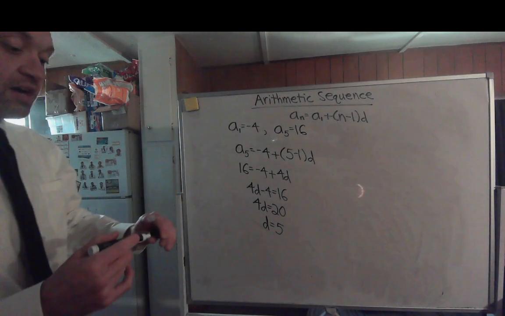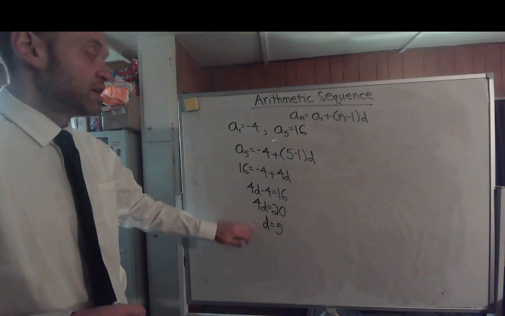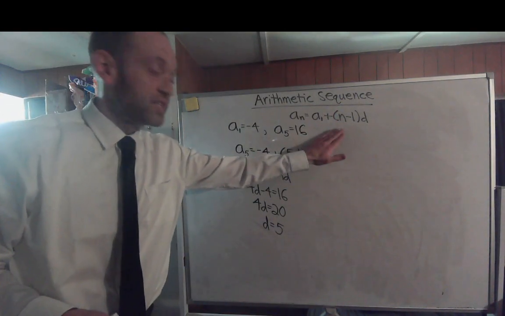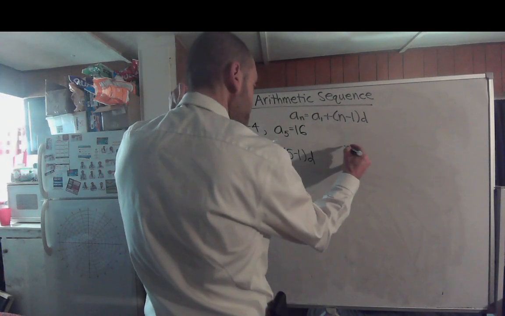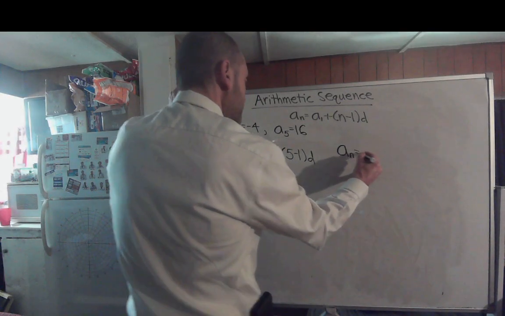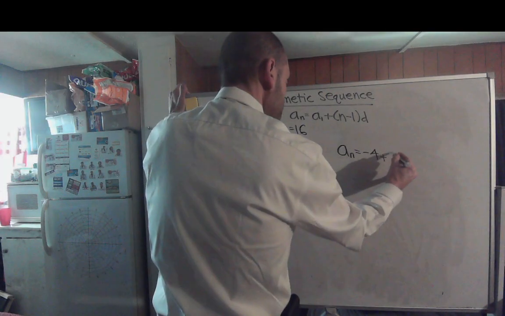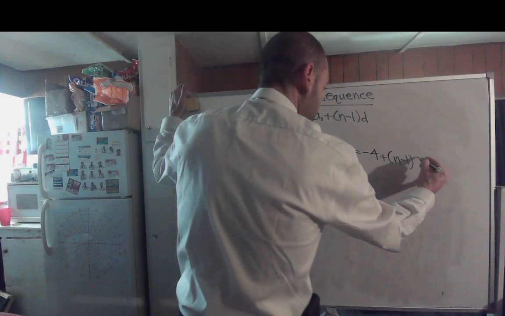Now I've just found my common difference of this arithmetic sequence to be 5. Since I know that and my first term, I can find the explicit formula for the general nth term of the sequence. So a sub n equals my a sub 1, which is negative 4, plus the quantity n minus 1 times my common difference of 5.